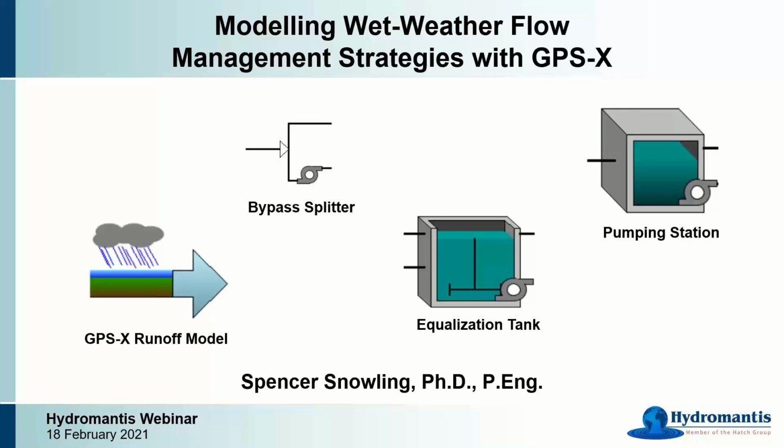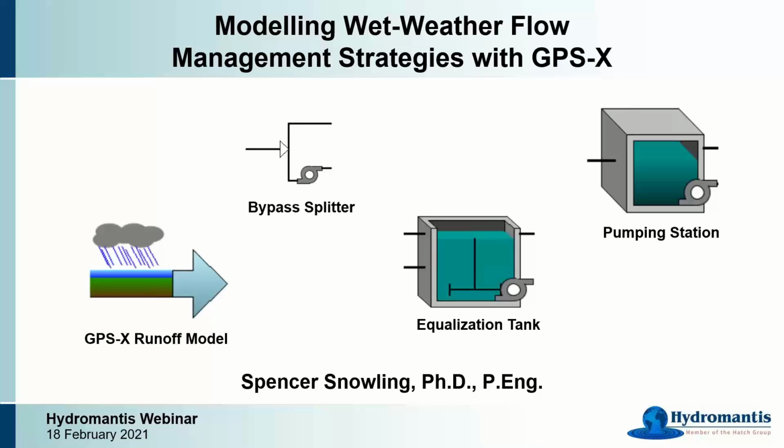Today, we're going to be talking about modeling wet weather flow management strategies using GPSX. So we're specifically going to be looking at running some demonstrations and talking about various ways that you can analyze options for dealing with high flows coming through your wastewater treatment plant.